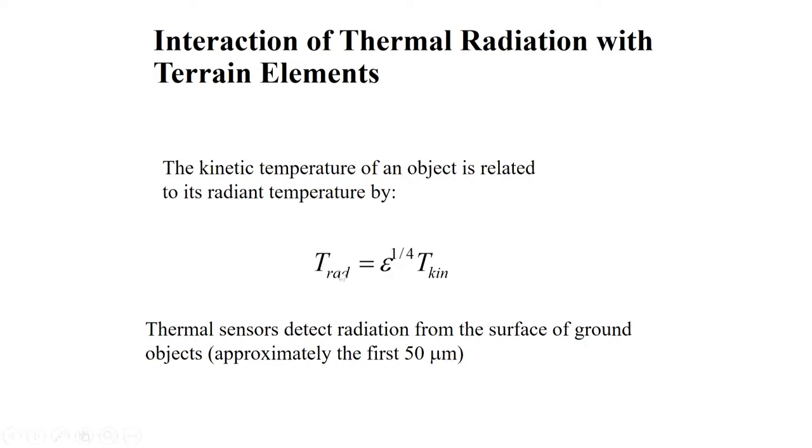If you see the formula, T radiant is equal to the 1/4 power of the emissivity multiplied by the kinetic temperature.